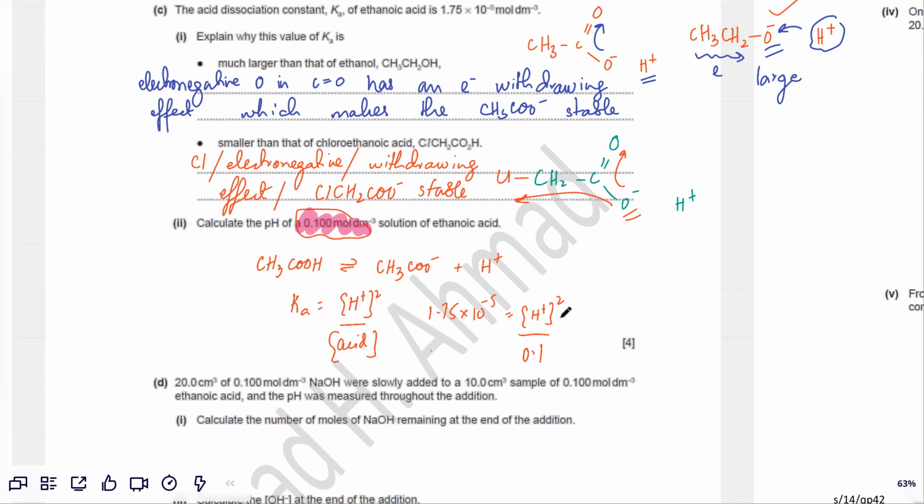So can anyone tell me what is the pH of this? 2.88. It's coming out to be 2.88. Make sure 3 significant figures because the concentration was given up to 3. It was accurate up to 3 significant figures. So is this clear? Yes, sir. Adam, is this clear?